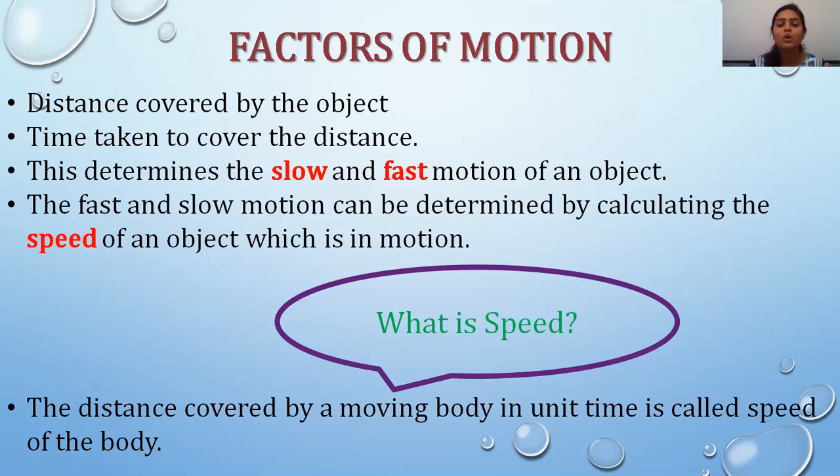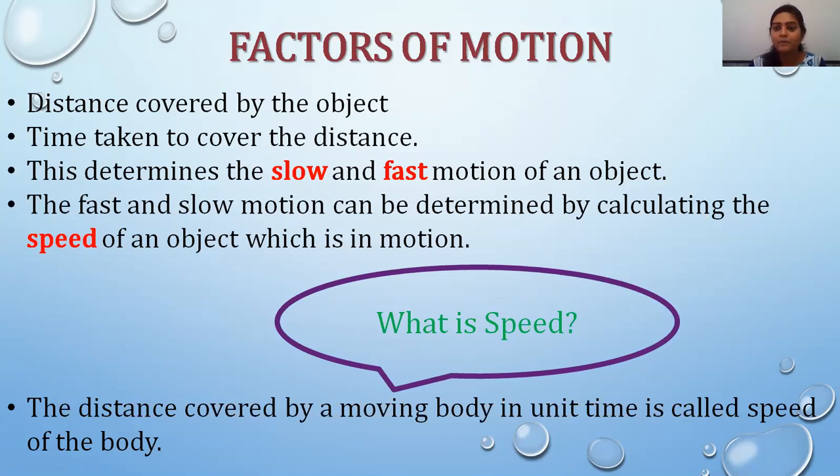These are the two factors which are responsible in order to understand the motion of an object. And based on these two factors, we can state whether the object is moving fast or moving slow, which we can call slow motion and fast motion of the object.